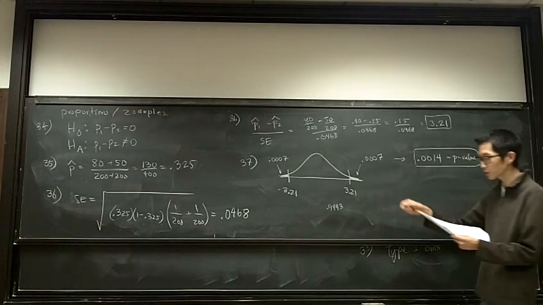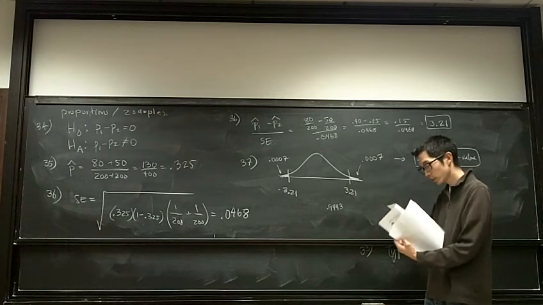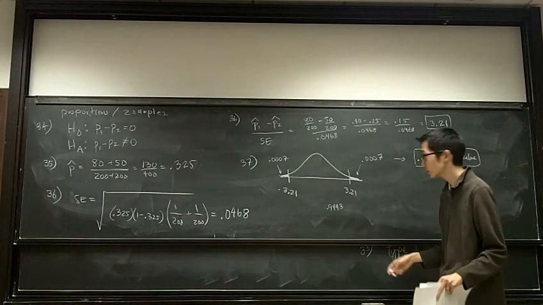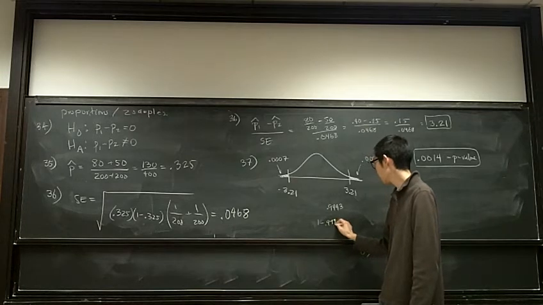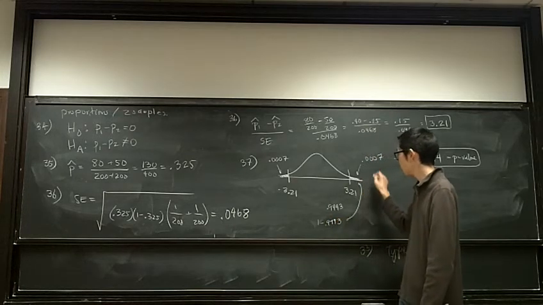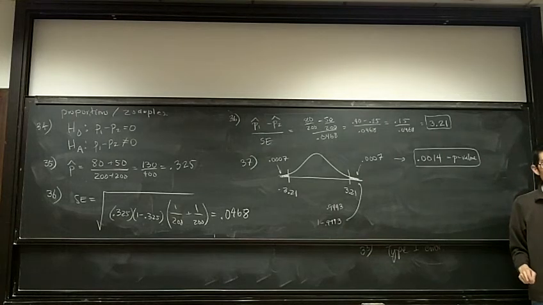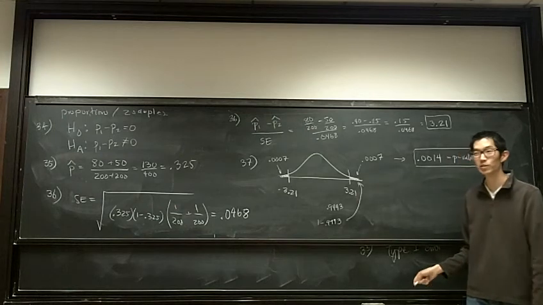If you look up 3.21 in the Z table, you're going to have 0.9993. That's the area to the left. So you do 1 minus 0.9993 to get the area in the tail, which is 0.0007. We got to be comfortable using the Z table.